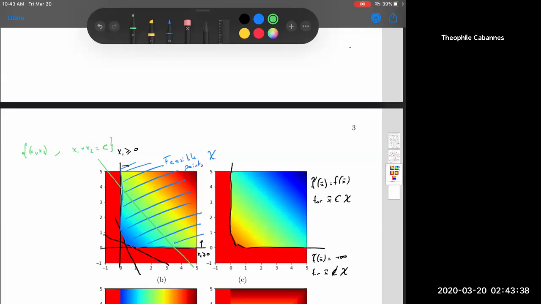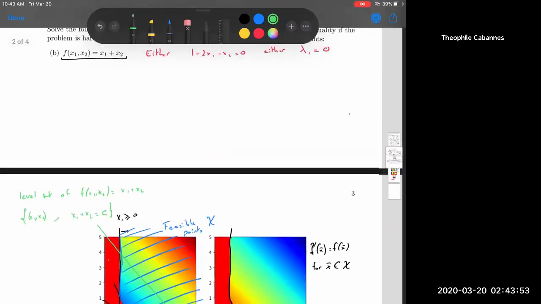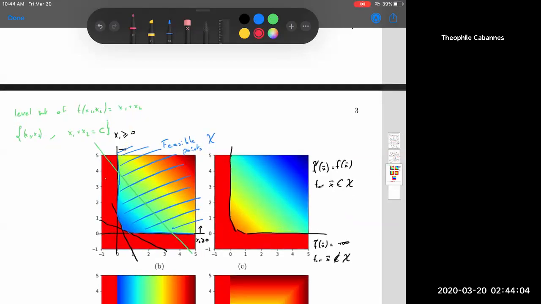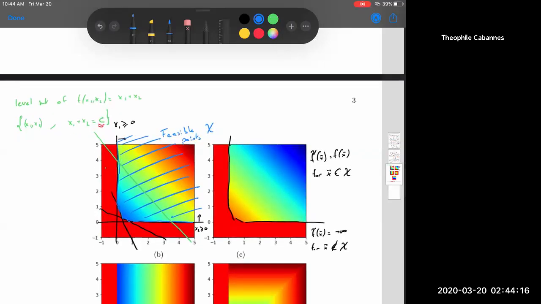So this is the level set of f x1, x2 is equal to x1 plus x2. Using the drawing last time, what we did is we tried to find the level sets. We tried to minimize the value of the level sets such that you still have one point in the feasible region. And so at the end, you will find this level set.